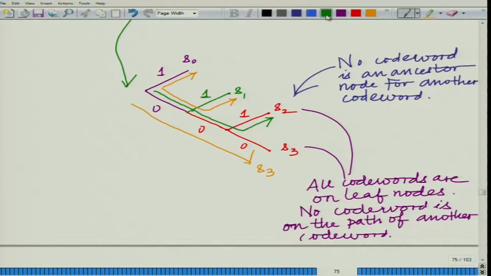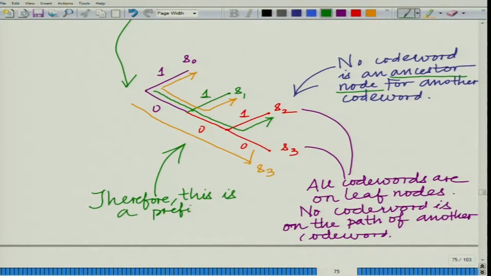All these are the same things. Therefore, this is a prefix free code.